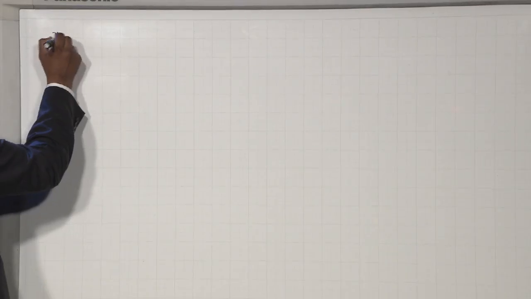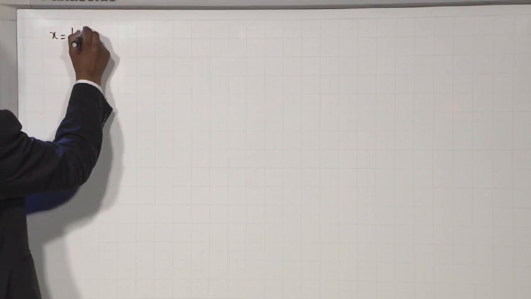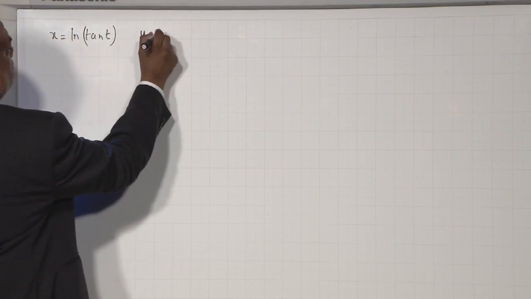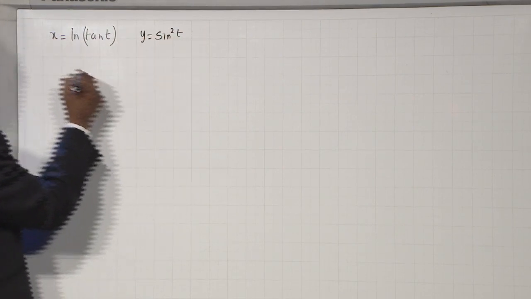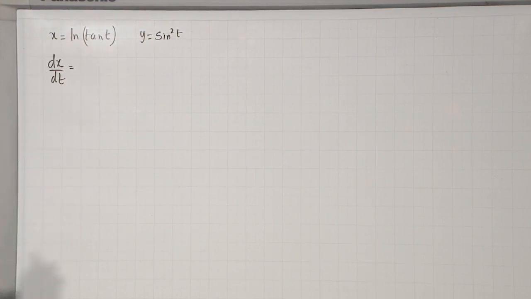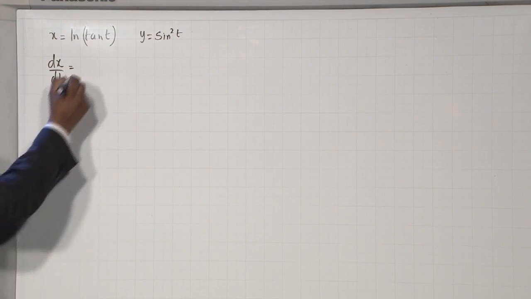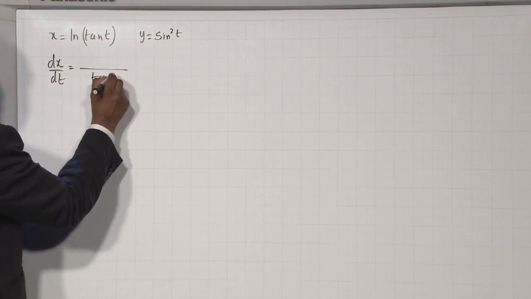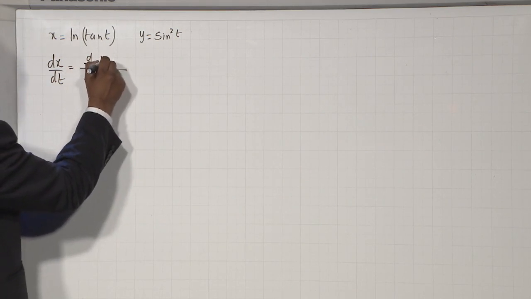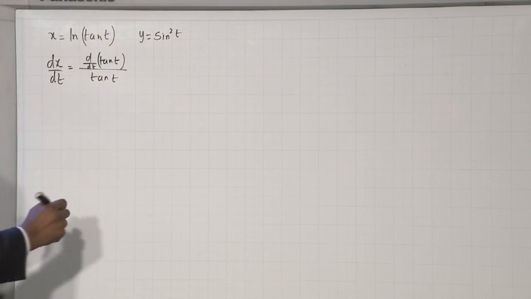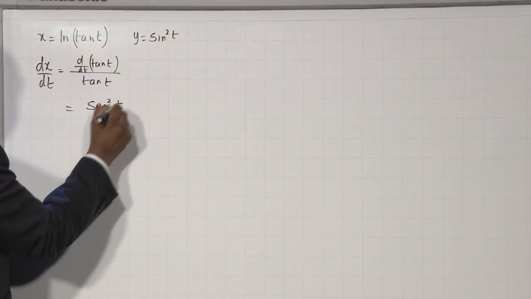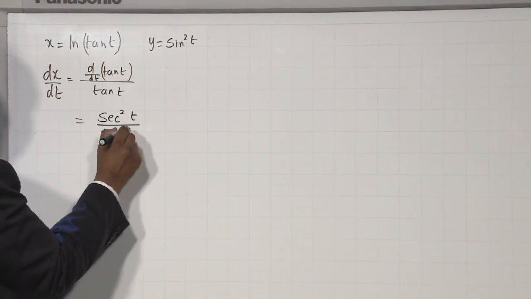So x equal to ln tan t, y is equal to sine squared t. What is dx by dt? When I differentiate ln tan t, what will I get? Tan t in the denominator, and differentiate tan t, we obtain sec squared t over tan t.